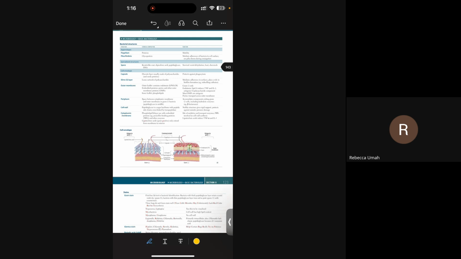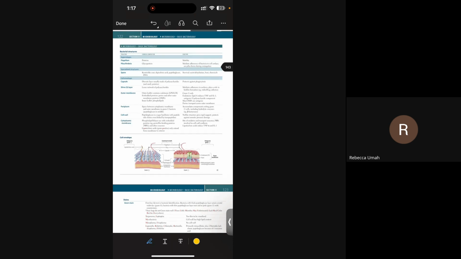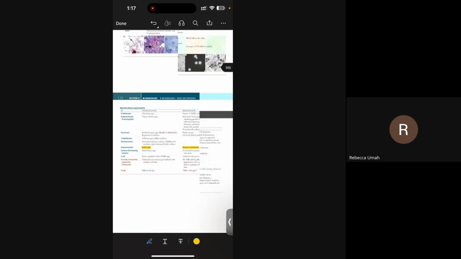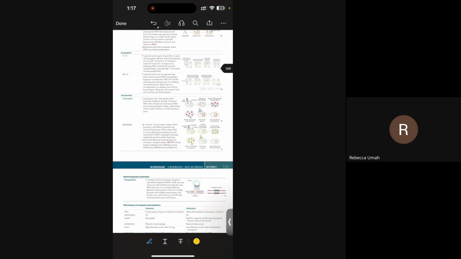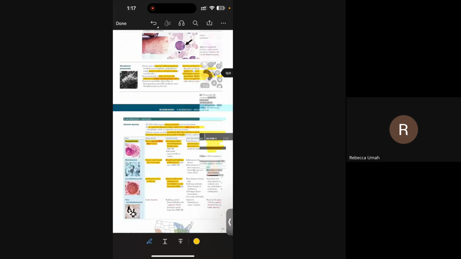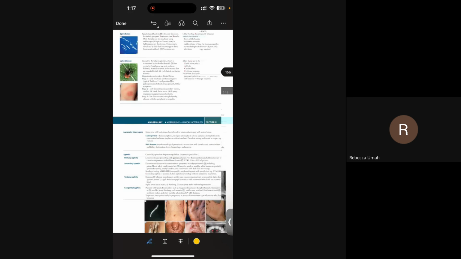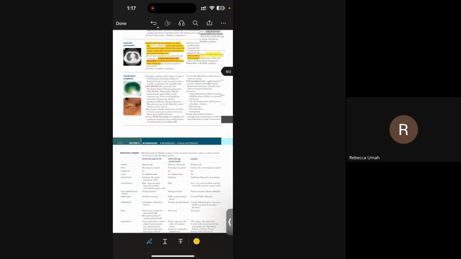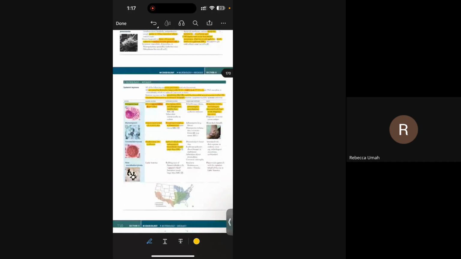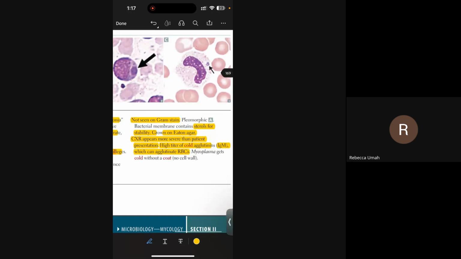The enzyme name is not written here. Because of cholesterol, it is a Mycoplasma. Here it is: pleomorphic bacteria, the membrane contains sterols for stability.